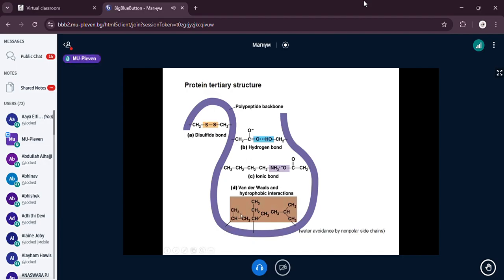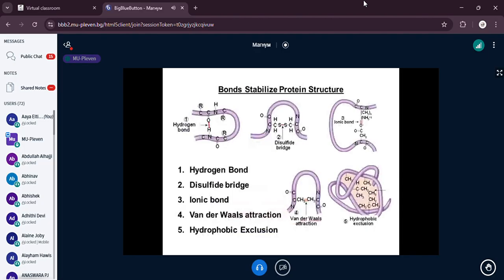And usually these non-polar side chains are aligned in a way that ensures water avoidance, and they act as typical van der Waals interactions of forces.